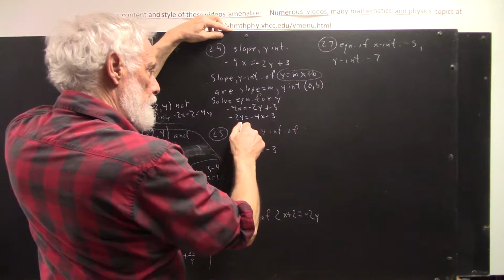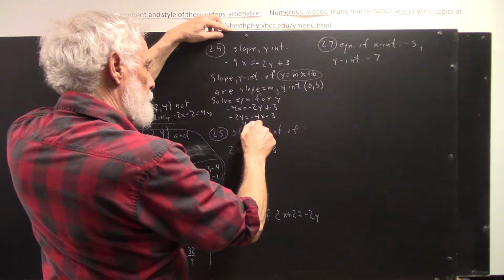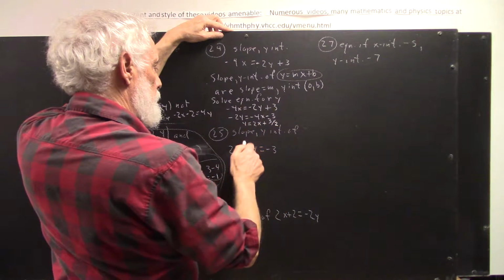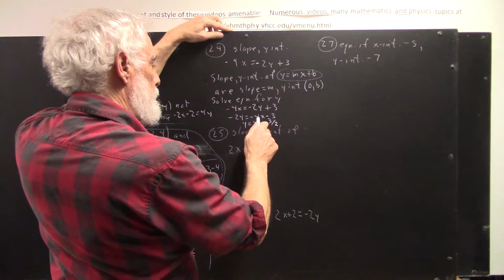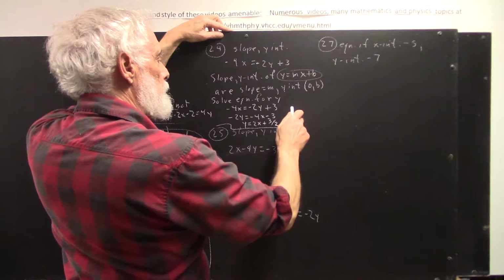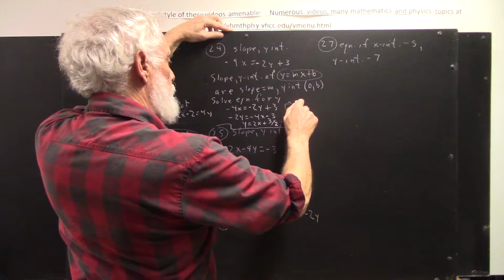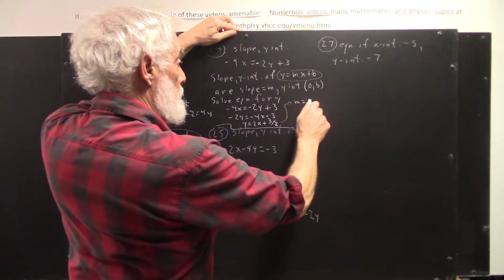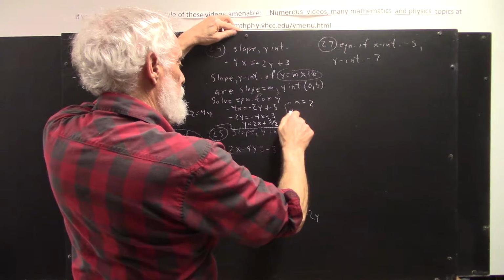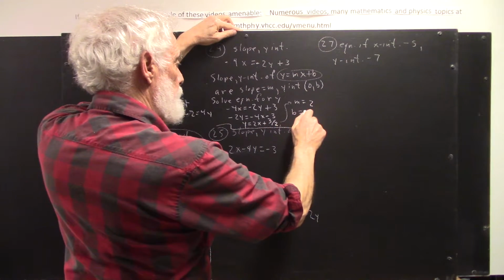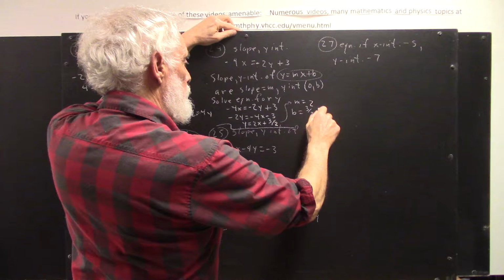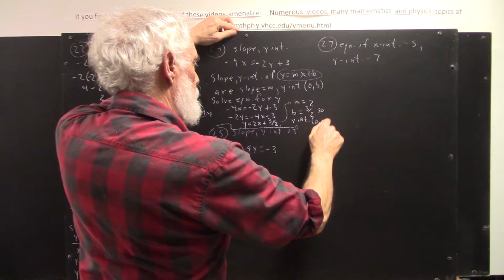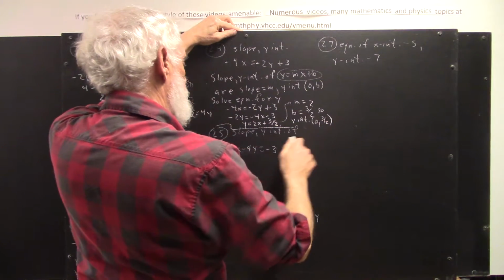And then we divide both sides by negative 2, we get y equals 2x plus 3 halves. So that m is the number in front of x, which is 2. b is the number we have out here, that's 3 halves. So the y-intercept is (0, 3/2).